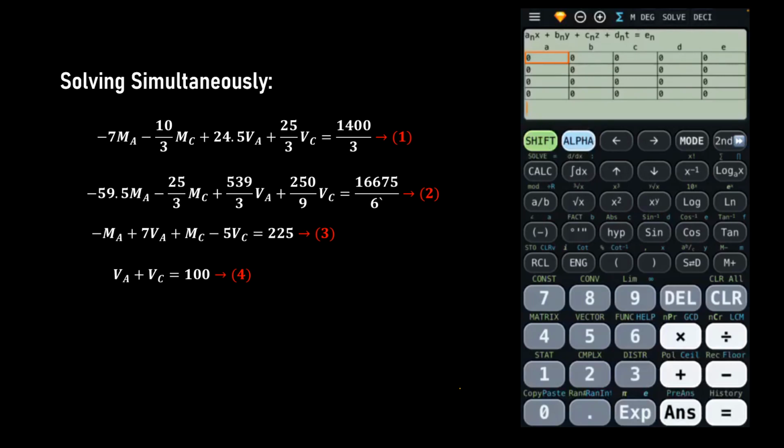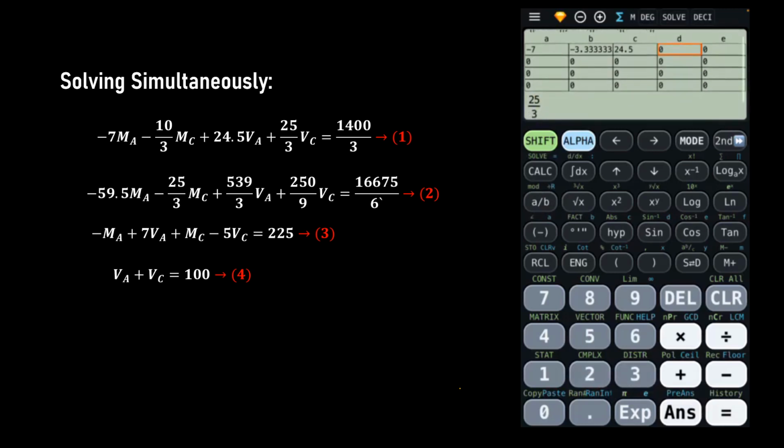So next, input natin yung first equation. So, negative 7MA, negative 10 over 3MC, plus 24.5 VA, plus 25 over 3 VC, equals 14 over 3.